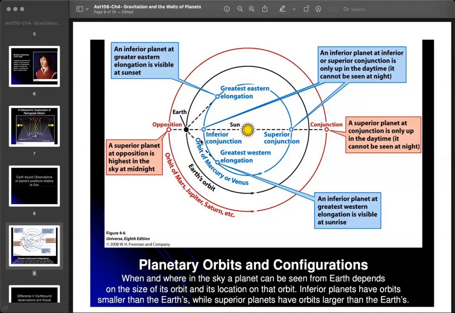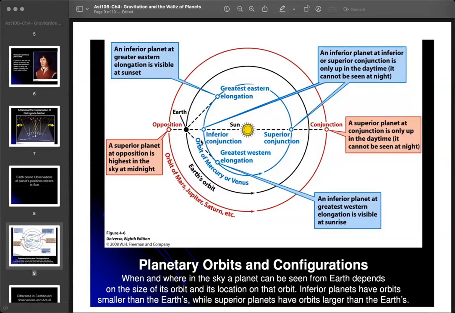And actually, that is a very important opposition, because whenever a planet is in the opposition configuration, that is the time when it is closest to the Earth. So as we look in the sky, the brightness and the size of planets changes.